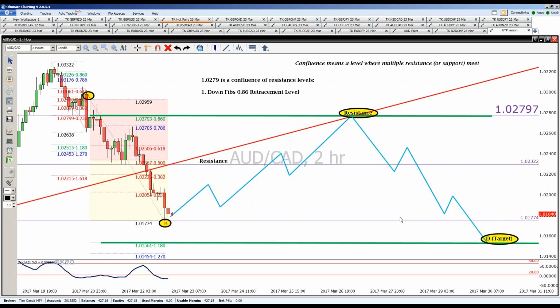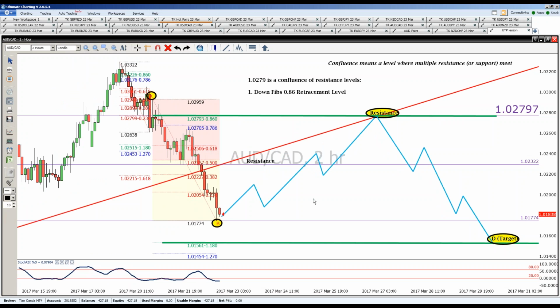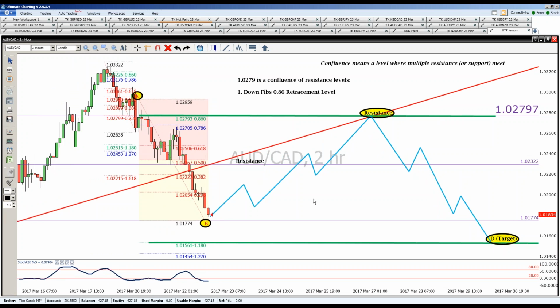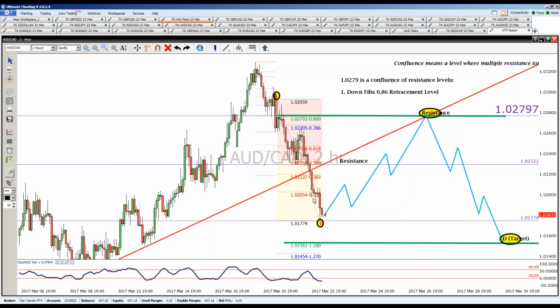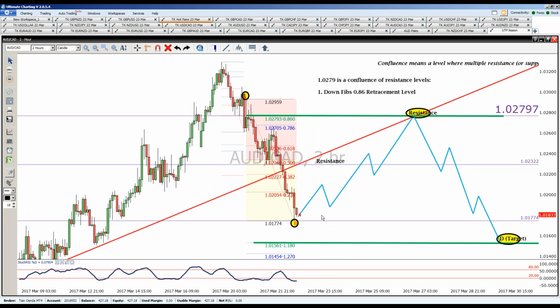Mark says, would you enter at 1.0279? It's looking mighty good. I wouldn't mind placing a sell limit order there. I wouldn't mind. If that actually happens, if this plan pans out according to what I explained, then we might see a slightly deeper tip of this crown formation as well.